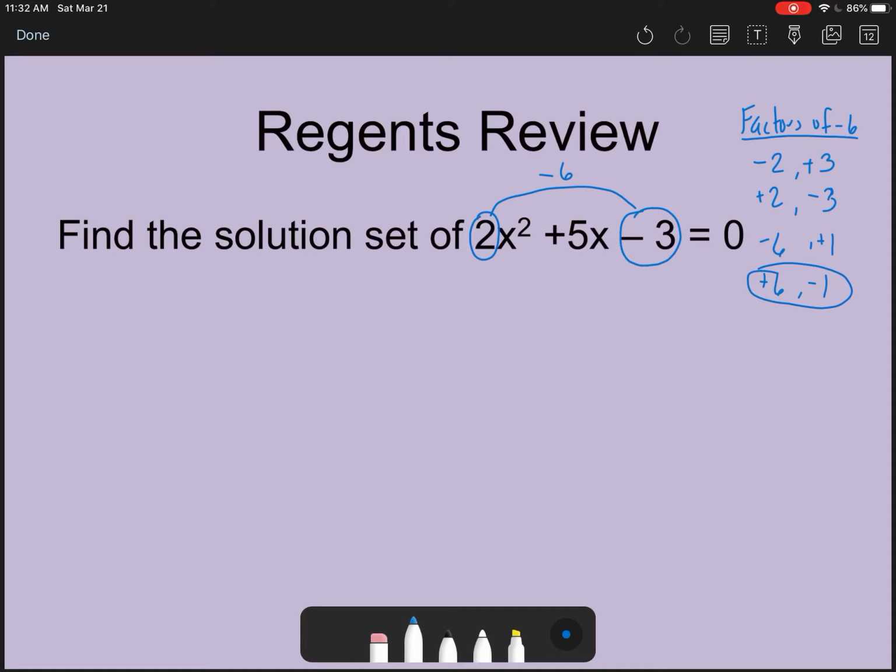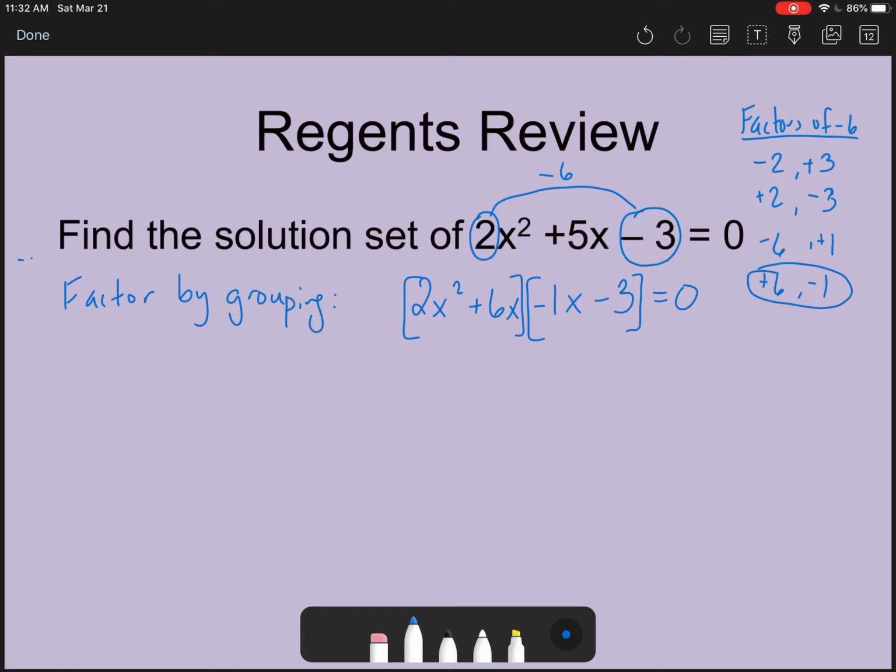So we're going to rewrite that middle term using those two factors. 2x squared plus 6x minus 1x minus 3 equals 0. Here we're using factor by grouping. Okay, box the first two terms, box the last two terms together, find the GCF for both.